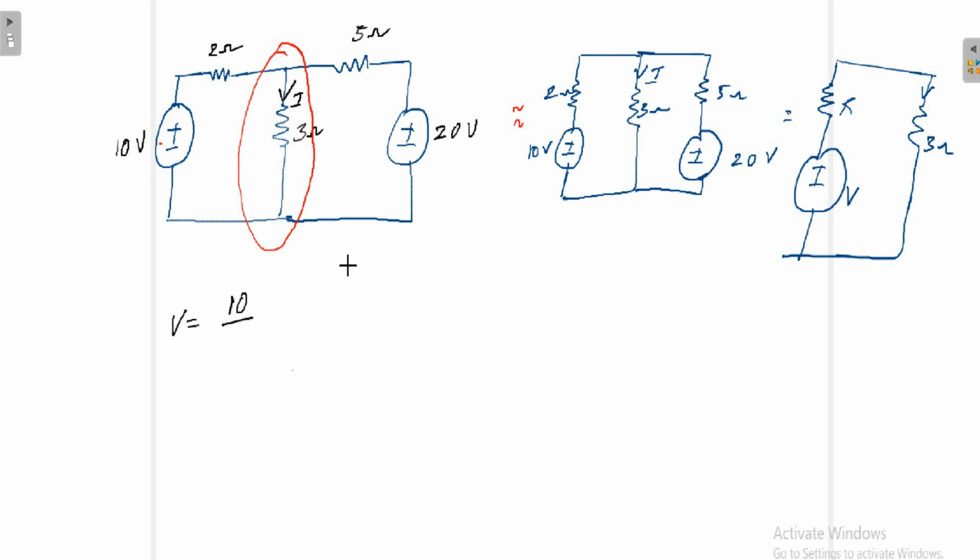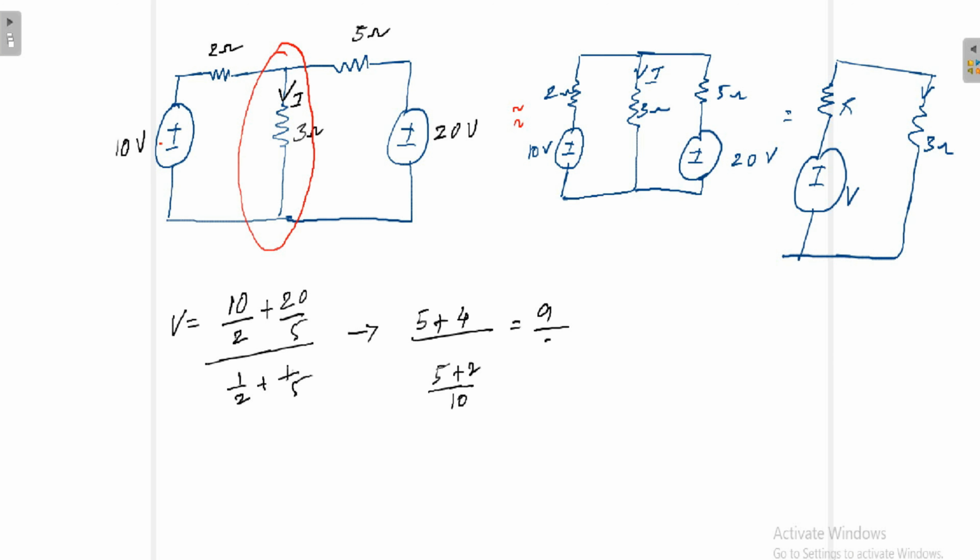So 10 by 2 plus 20 by 5, over 1 by 2 plus 1 by 5. 10 by 2 is 5 and 20 by 5 is 4, and 1 by 2 plus 1 by 5, the LCM is 10, gives 7 by 10. So 9 divided by 7 by 10, which is 90 by 7. Here you got V equal to 90 by 7 volts.